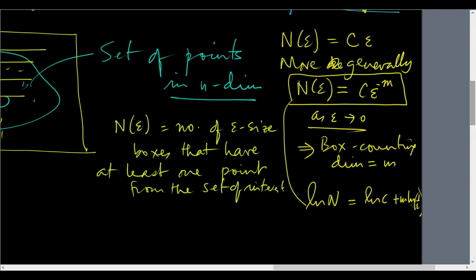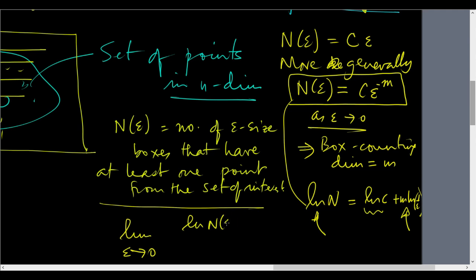What happens is, if you take epsilon going to 0, this number becomes very big, this number becomes very big, this converges to some constant, and so what you do is you take the limit of epsilon going to 0 of the log of N of epsilon by the log of 1 by epsilon, and this limit is m.